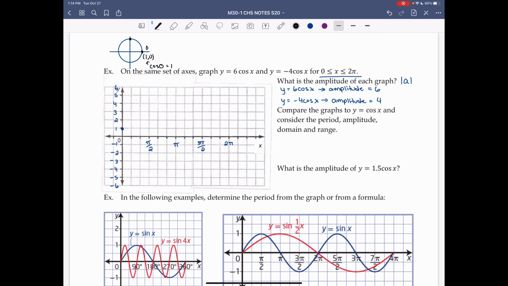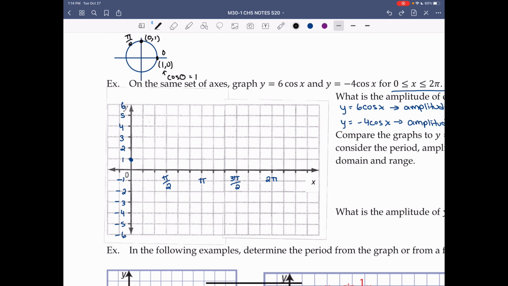Then at pi over 2 radians, we have the point 0, 1. So this tells us that cos of pi over 2 equals 0. On our graph, we find pi over 2 on the x-axis and y equals 0, so it's an x-intercept.